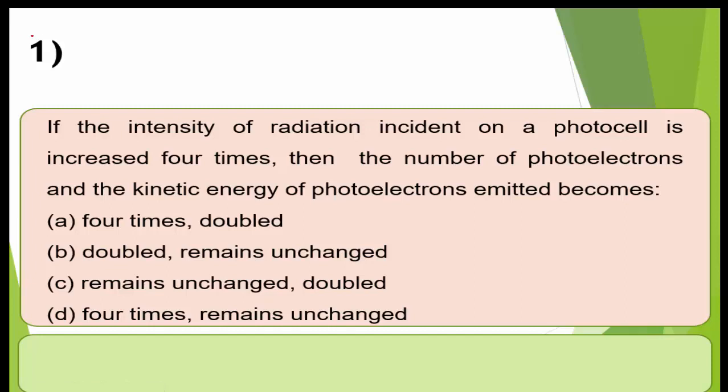You know this graph: the number of photoelectrons emitted is directly proportional to the intensity of the incident radiation. Here you know the formula, the maximum kinetic energy KE maximum is equal to h nu minus h nu naught.